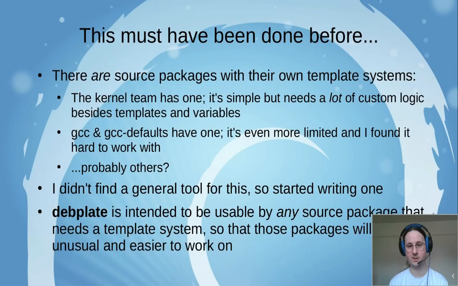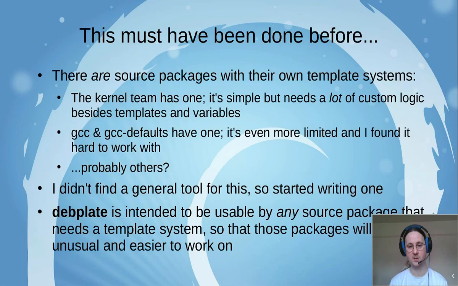The kernel team has had a template system for many years. The template substitution itself is relatively simple, but the result of that is we need a lot of custom logic as well as the templates and variable definitions. The GCC and GCC defaults source packages also have a template system.